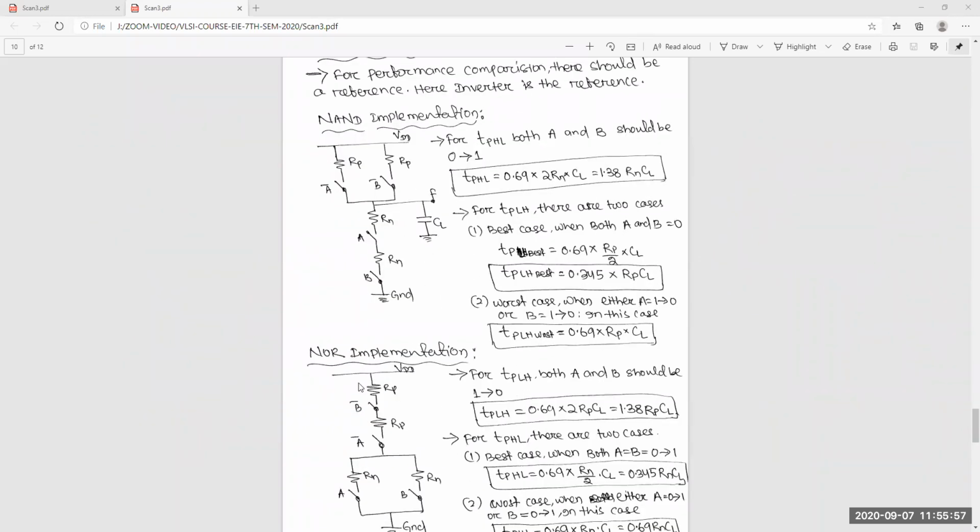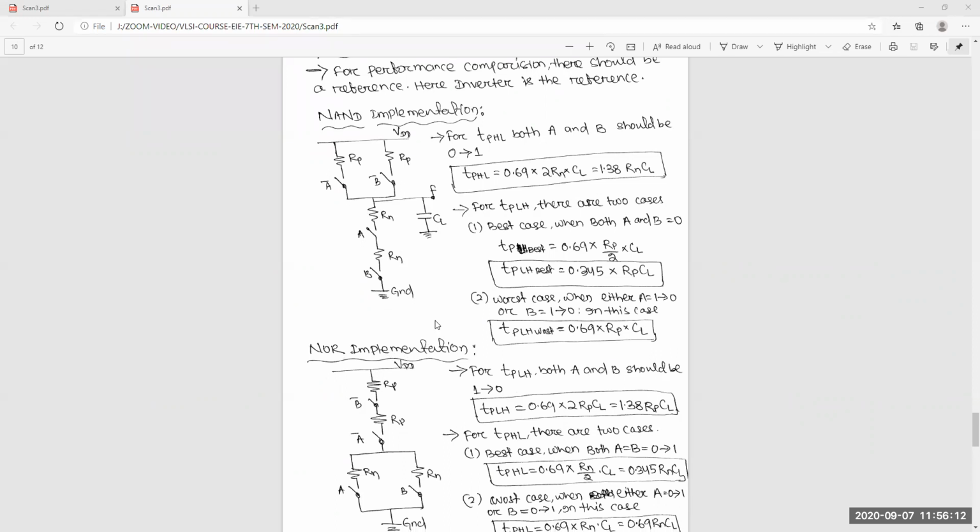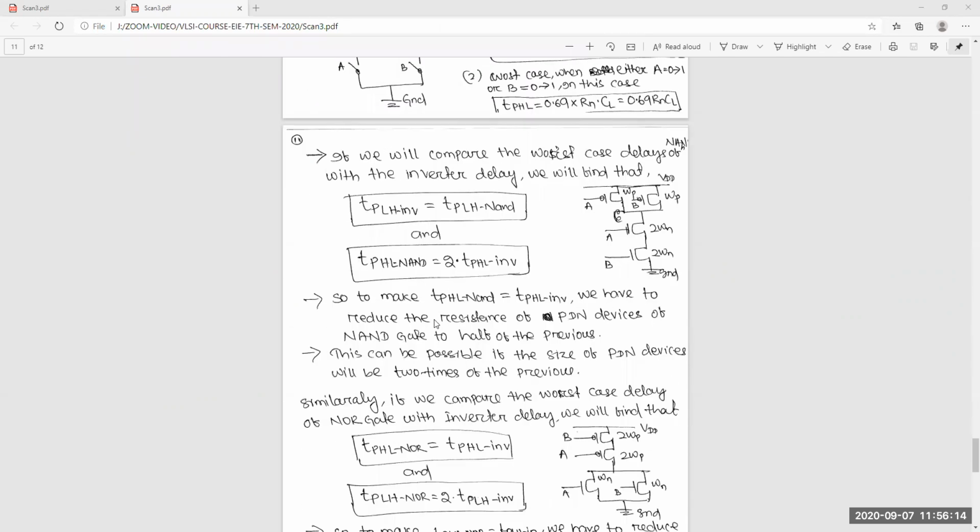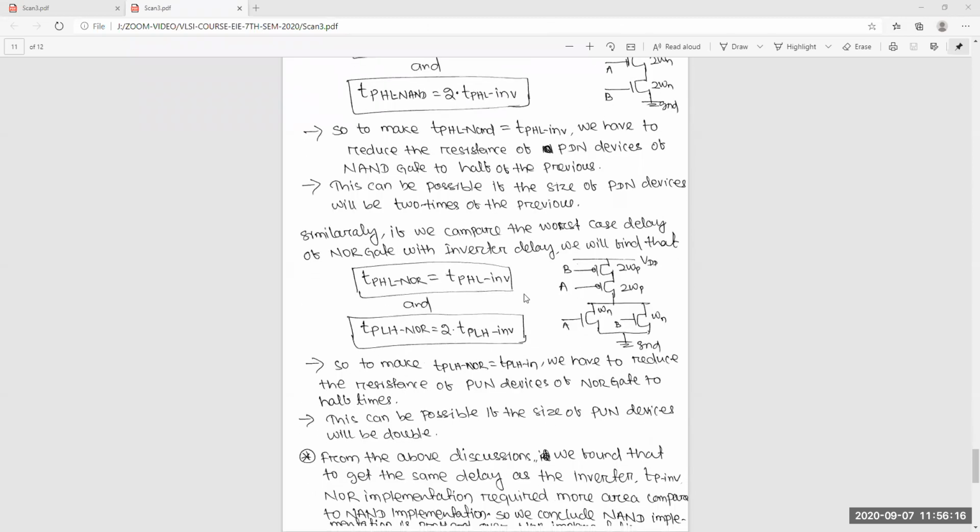If you make half of this, the area will be double here, but though the NMOS size will be less, that double will also be 3 times lesser than this double. So that thing I have mentioned here.